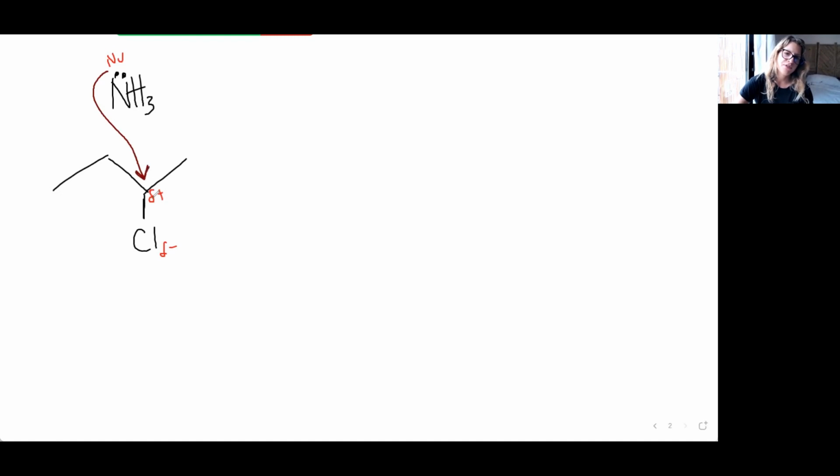Carbon can't have more than 4 bonds, which means that the carbon-chlorine bond breaks at the same time. However, something here has changed because nitrogen has now formed a dative covalent bond. Nitrogen has 1 electron here, then it has 3 hydrogens.